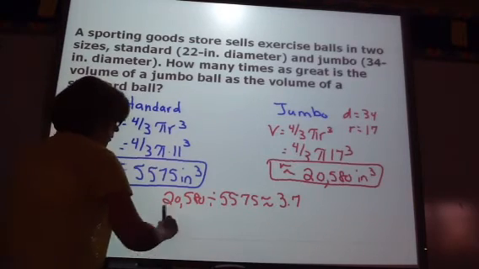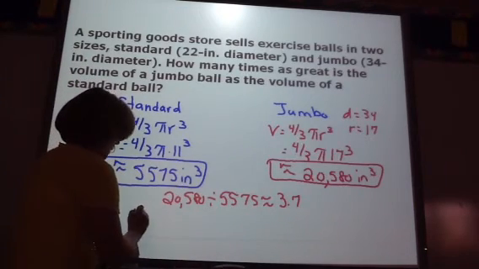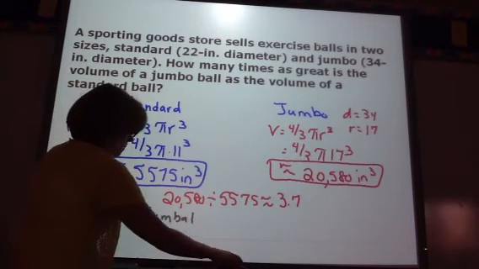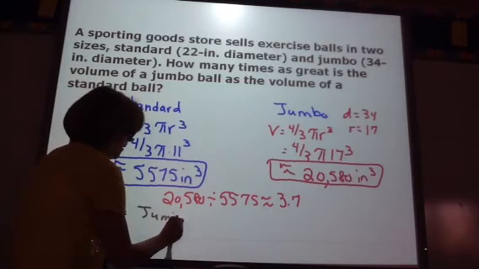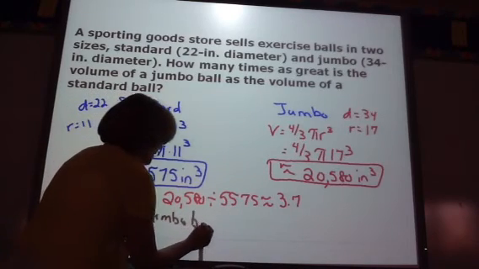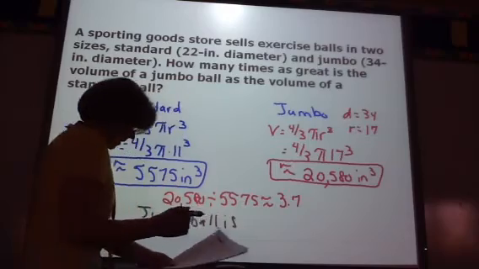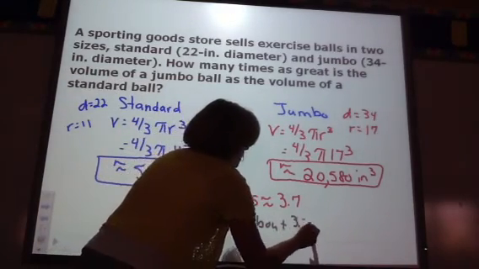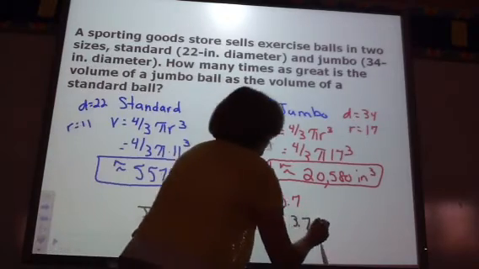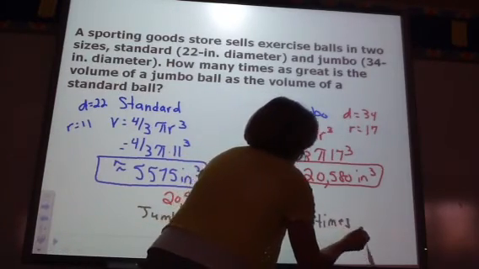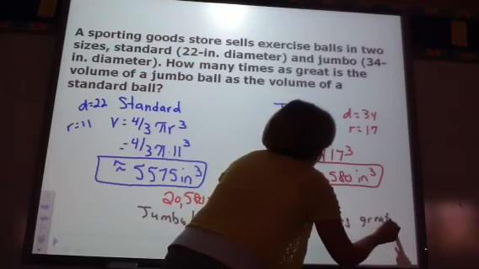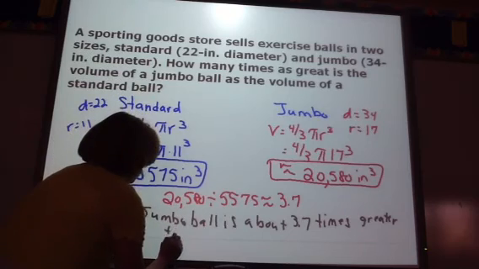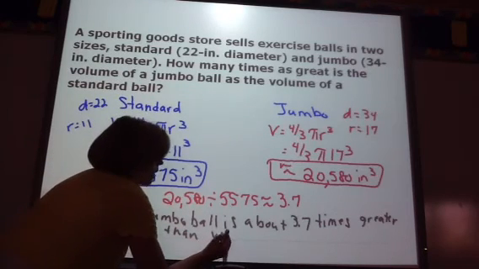So your final answer is the jumbo ball is about 3.7 times greater than the volume of the standard.